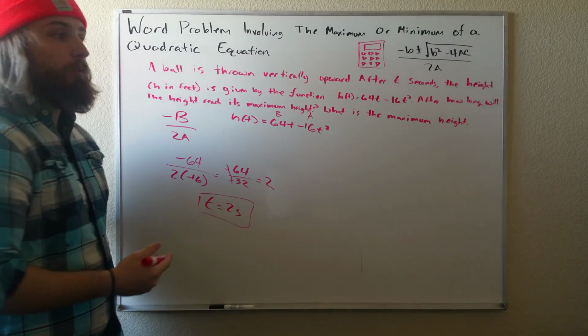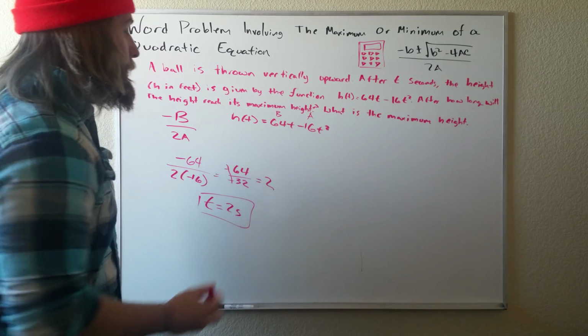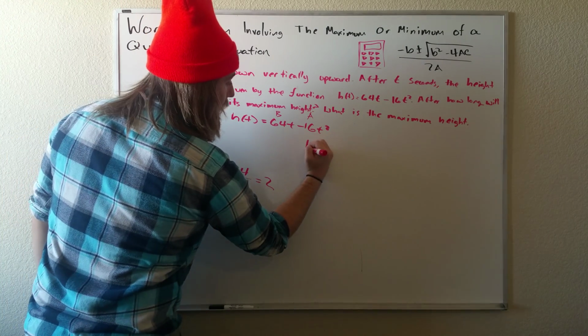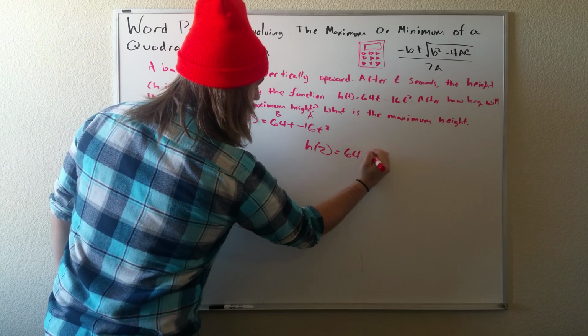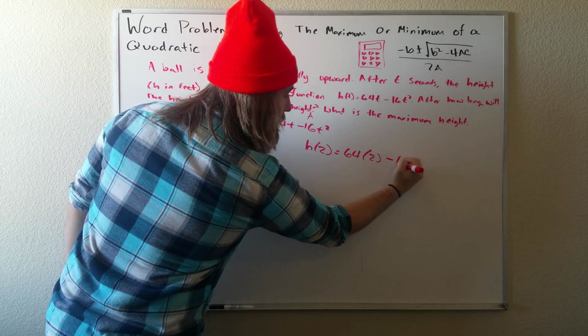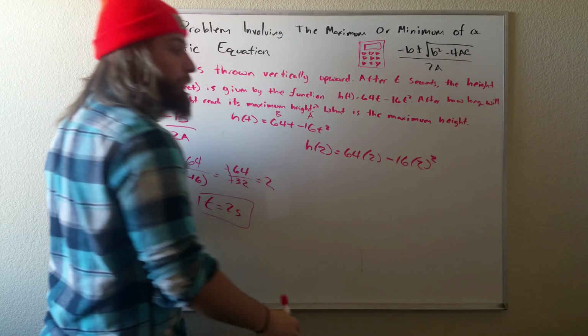And now to find the maximum height, all we do is plug this number into the equation. So we'll write h of 2 equals 64 times 2 minus 16, 2 squared.